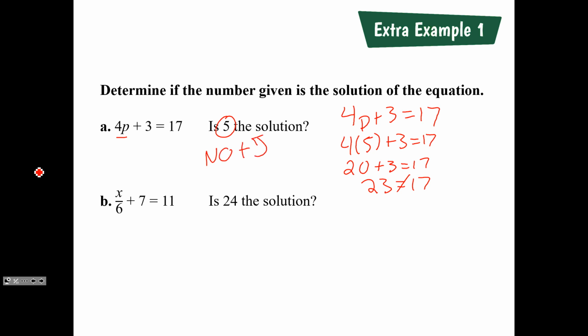Okay? Now I want you to do B on your own. I'm going to give you about 40 seconds to do that. We have x over 6 plus 7 equals 11. Is 24 the solution? So take the time to do that right now.